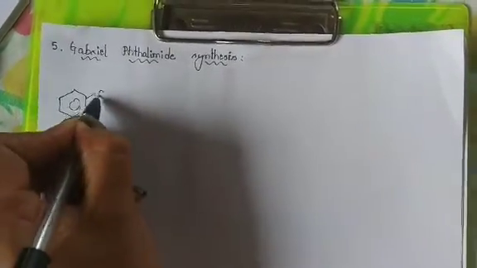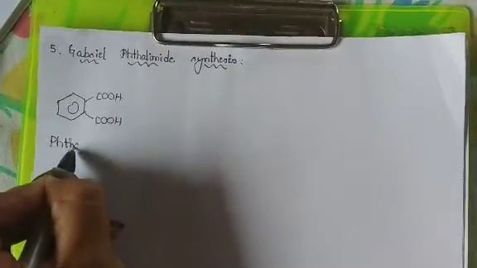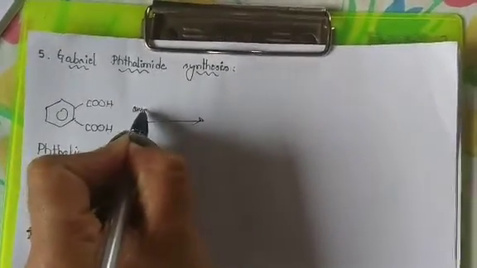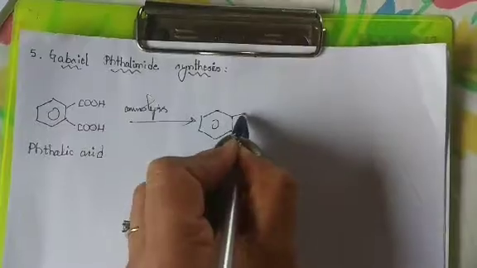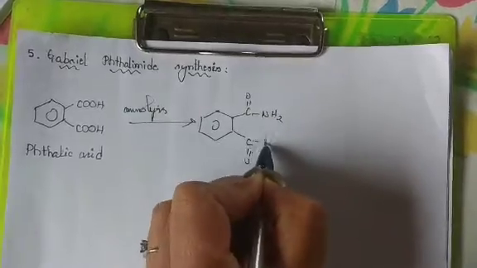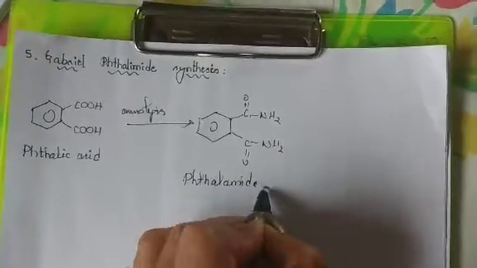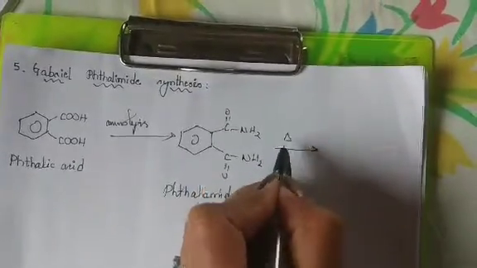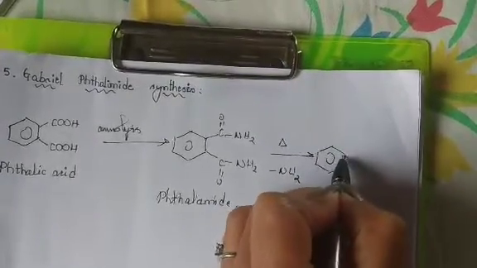This is phthalic acid, with two COOH groups. Phthalic acid on ammonolysis gives phthalamide, and when we heat this, there is removal of an ammonia molecule, and then we get our phthalimide.